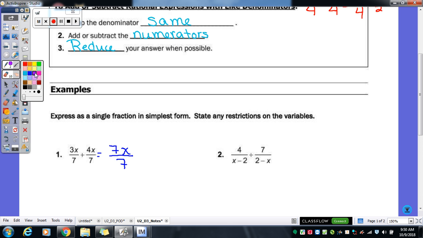And then as our last step says, we're going to reduce, if possible. Can I reduce that? Yeah. The 7s can cancel each other out. So we're left with x. Now, because my denominators were 7, did I have any restrictions with my fractions? No. Remember, restrictions only happen if there's a variable in the denominator.